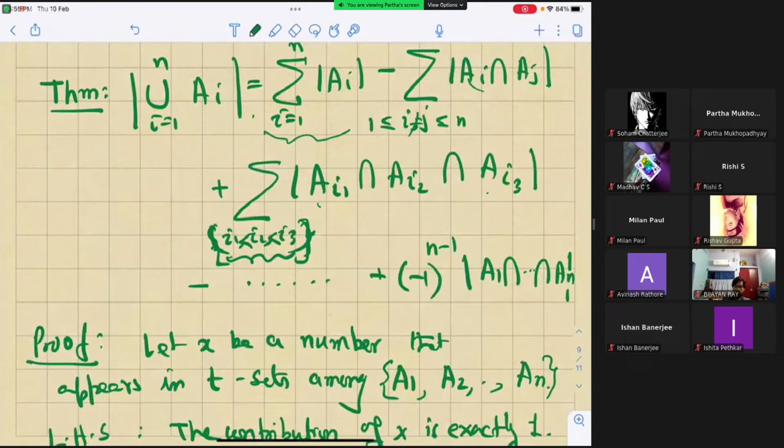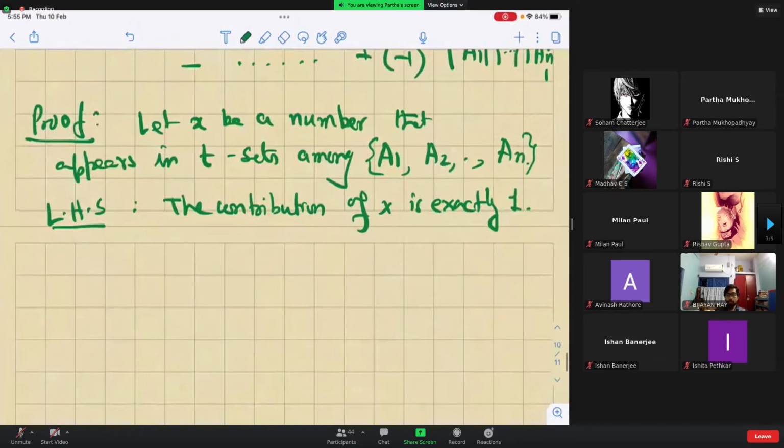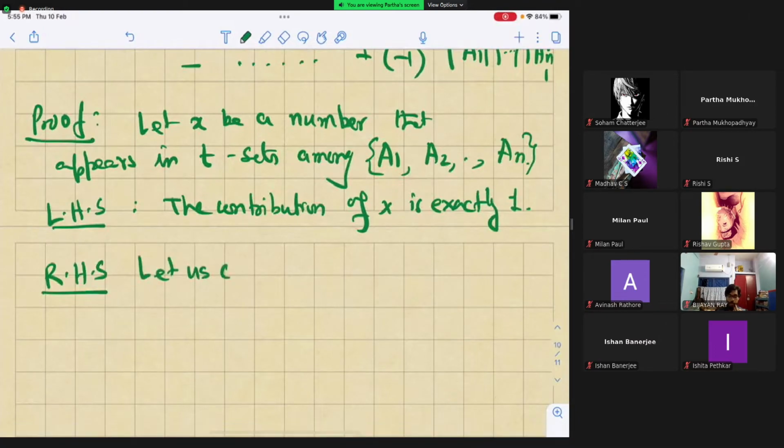And since this X is an arbitrary element, if we prove this for an arbitrary element, we are done. Then no element is overcounted or undercounted. That's the idea, right? So now in the RHS, let us count the contribution of X.